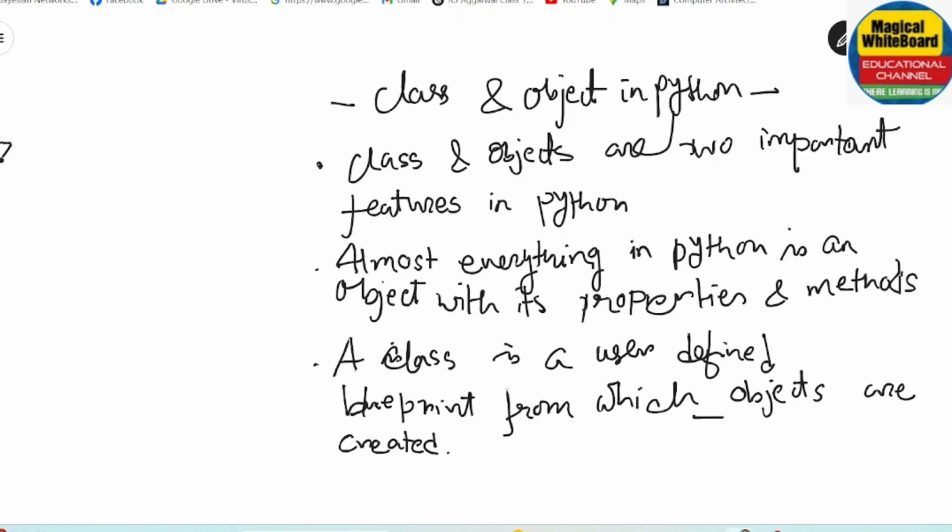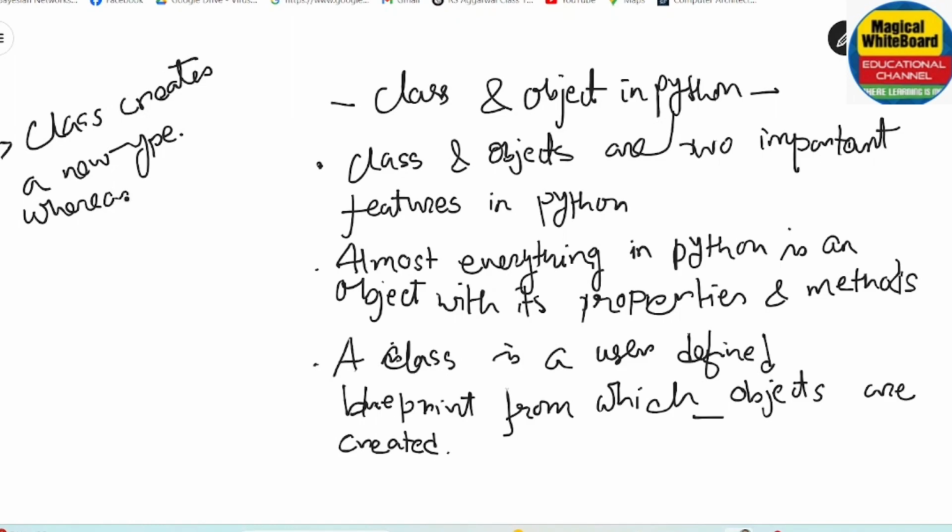Next point, a class creates a new type, whereas objects are instances of the class.